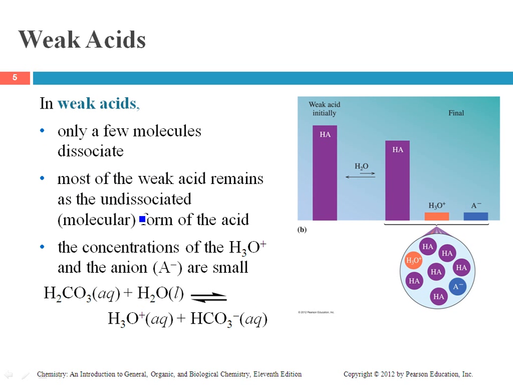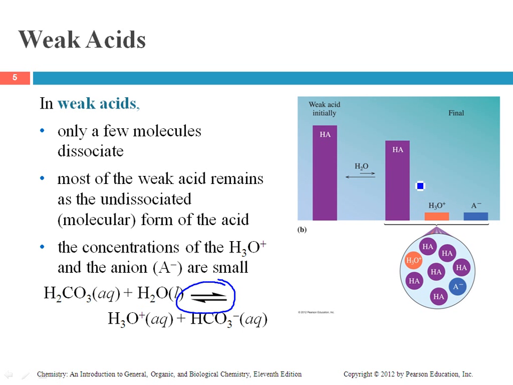In weak acids, only a few molecules dissociate to the ions. And so once again, this is a reversible reaction. If we look here at our weak acids, we're going to get a mixture. So we're going to get some ions, a few. Our ions here are in red, and blue would be our conjugate base.